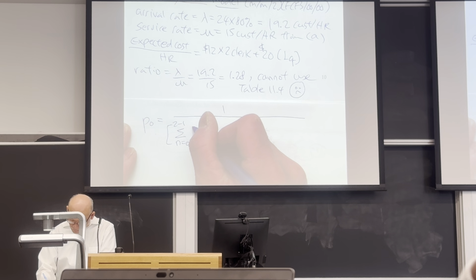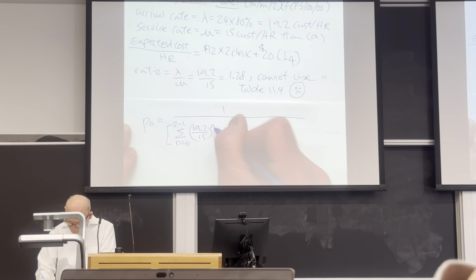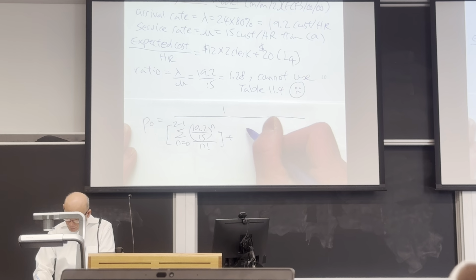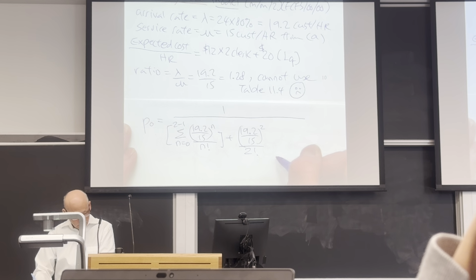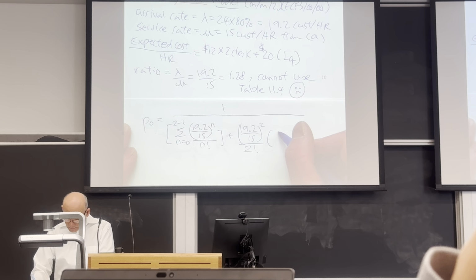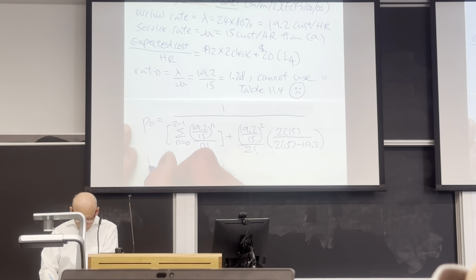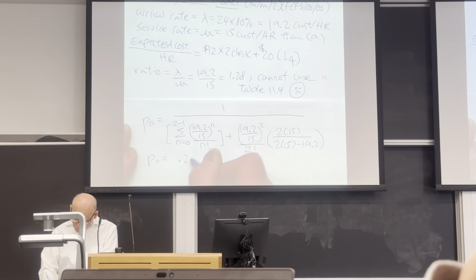And then (lambda over mu) to the n over n factorial, and then we have (lambda over mu) to the k over k factorial, and then we have k mu divided by k mu minus lambda. So this will work out to be 0.2195.